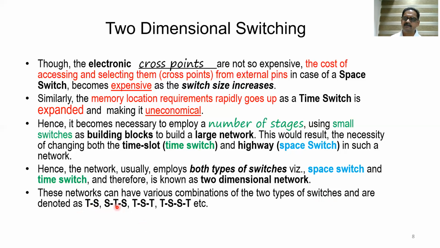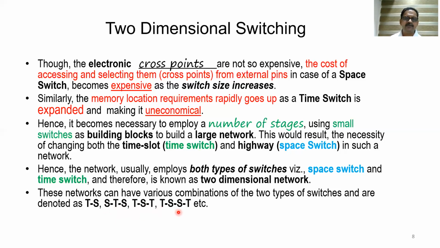Okay, two-dimensional. One space dimension, the other one is time dimension. Of course, space stage two times, that is in the input and in the output, and in between, that is the time stage. Here another example, TST. In the input you have time switch, in the output also you have time switch. In between, sandwiched is the space switch.